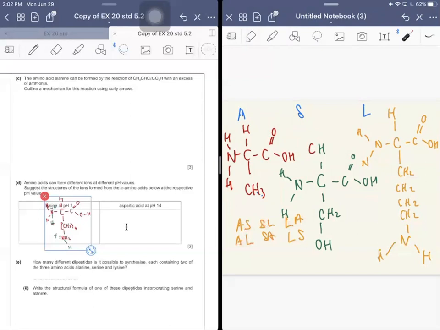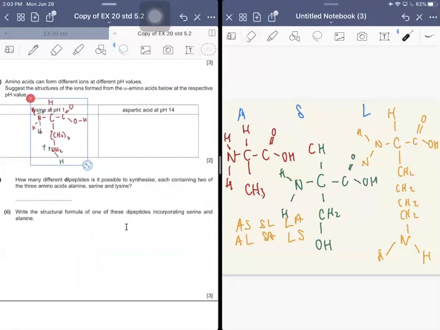Okay, write the structural formula incorporating serine and lysine. So you are given a choice here. You can choose the acid of serine with the base of lysine, or the base of serine with the acid of lysine. Okay, so any combination is possible as long as it's acid and base, not acid or base combination.